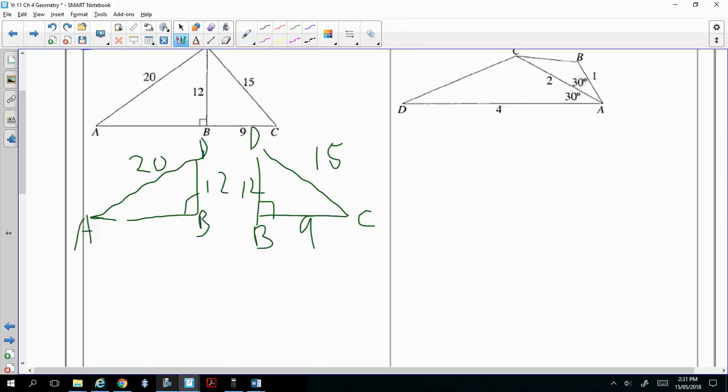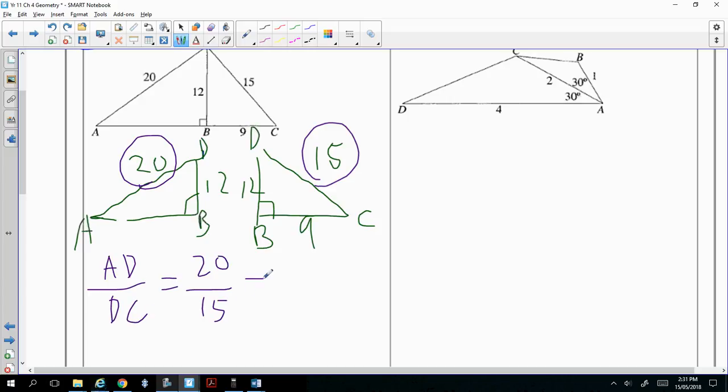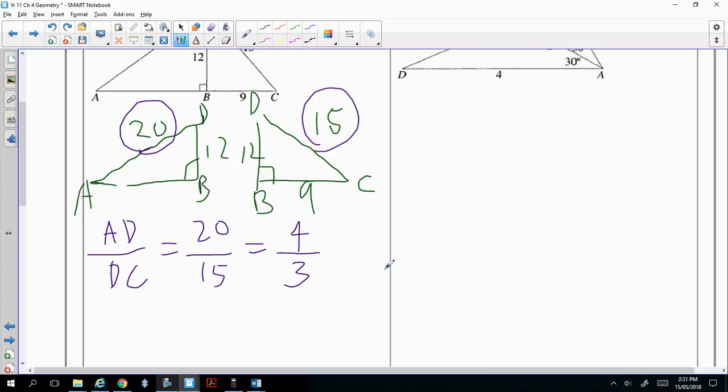Now the next question is, which one matches with 12? If you do 12 over 12, you get 1. They're not equal in ratio, so it can't be 12 and 12. You have to match 12 not with itself, but with another one.